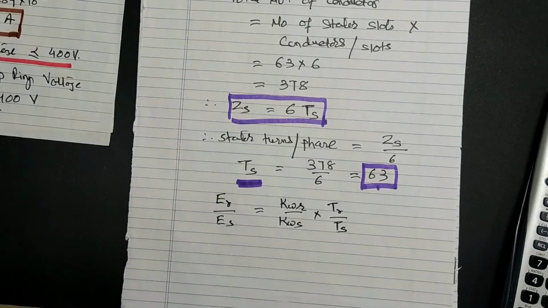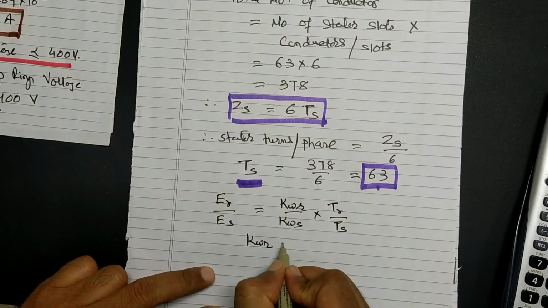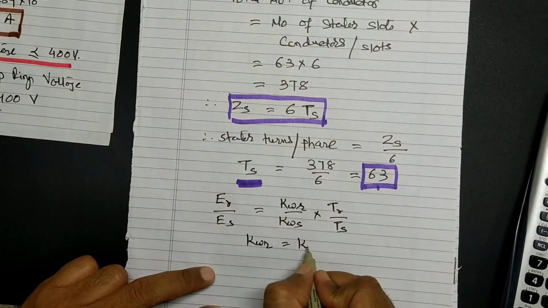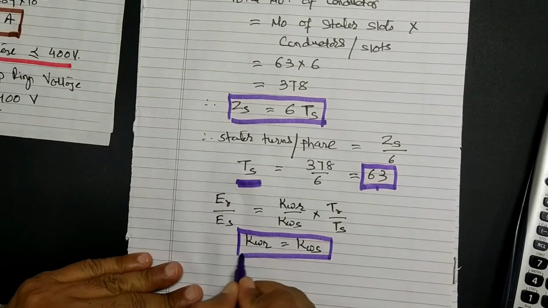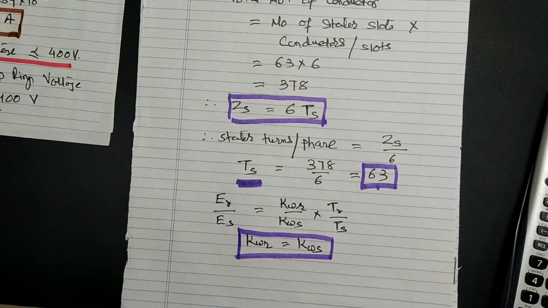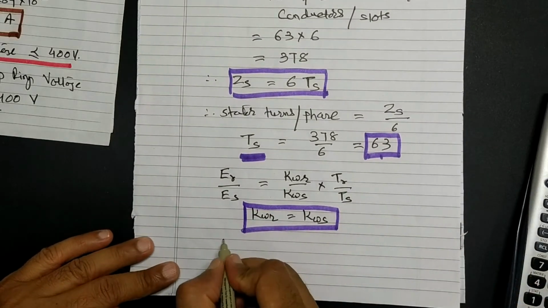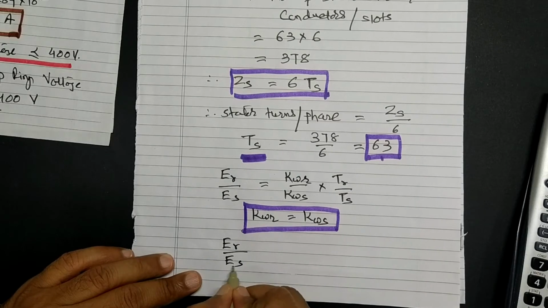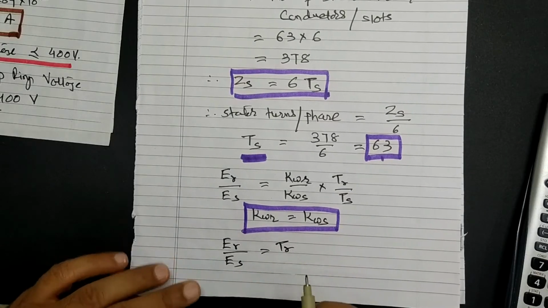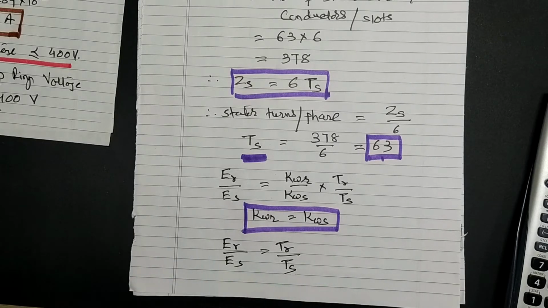For example, if we consider both winding factors are equal, then our equation becomes rotor phase voltage to stator phase voltage is equal to rotor turns to stator turns.